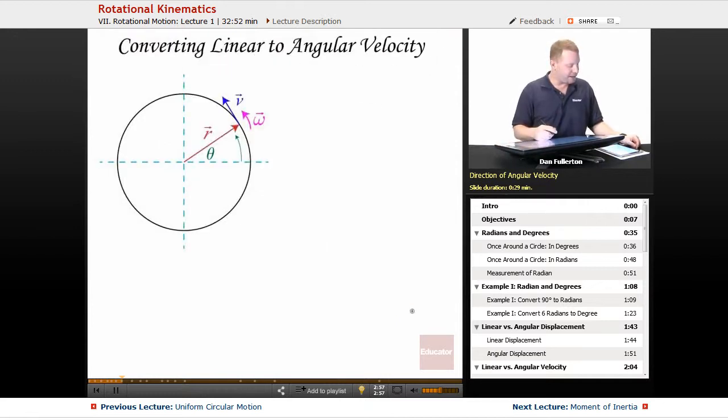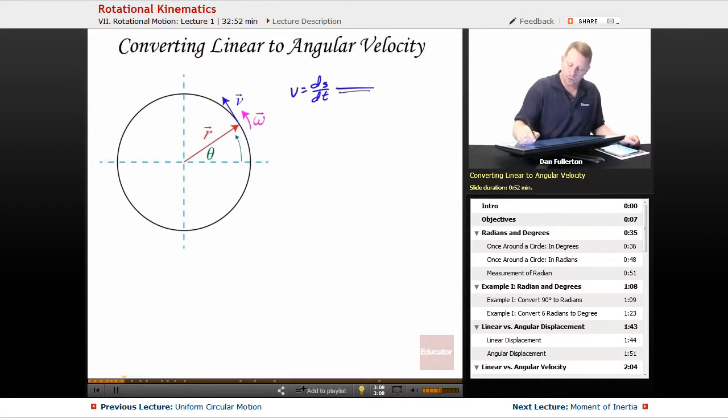Okay, converting linear to angular velocity. Remember, velocity is the rate of change of position or displacement with respect to time, but we know that s is r times theta, the radius times theta. Therefore, we could write that this is equal to d over dt of r theta.